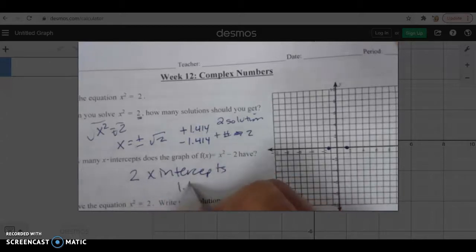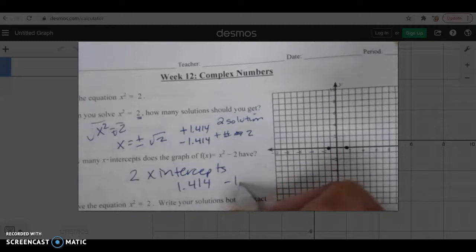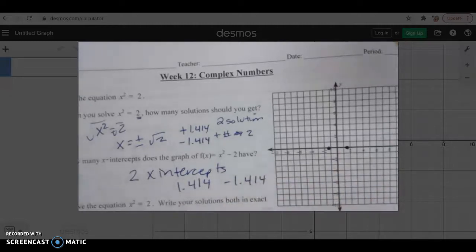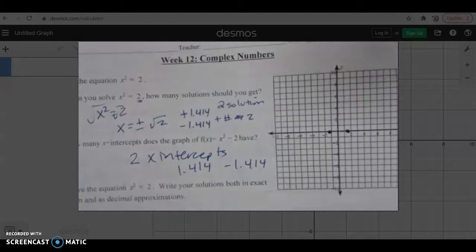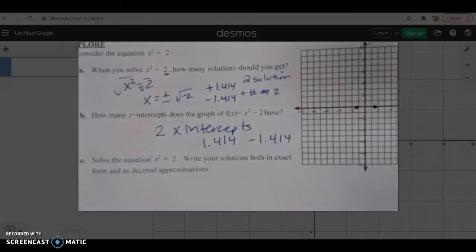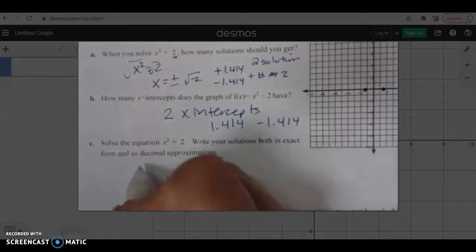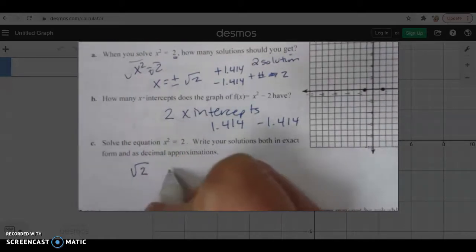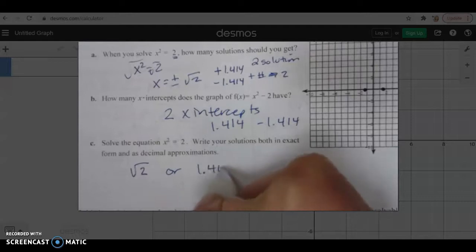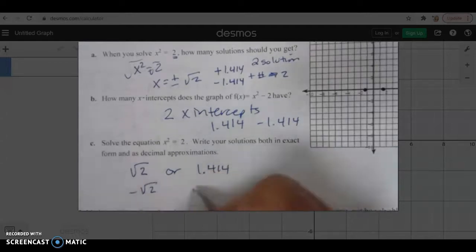Okay, 1.414 and negative 1.414. Let's solve the equation. Write your solutions in both exact form and decimal approximation. Well, I already did that. So we would have our exact form as radical 2, or 1.414, or negative radical 2, or negative 1.414.